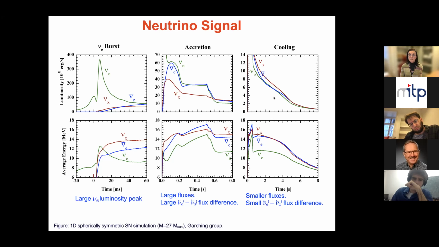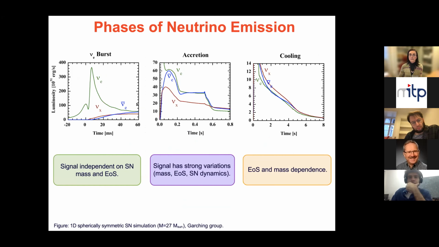In principle, in these 3 different windows, we can consider different effects. For example, this part of the signal would be independent of the supernova mass as well as the equation of state. And therefore, assuming that we know what standard neutrinos are doing with the flavor mixing, we expect to see, according to the mass ordering, a peak in the electron-neutrino signal, but not in the non-electron neutrino one.